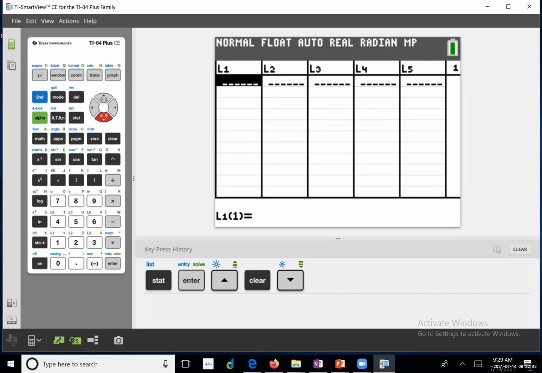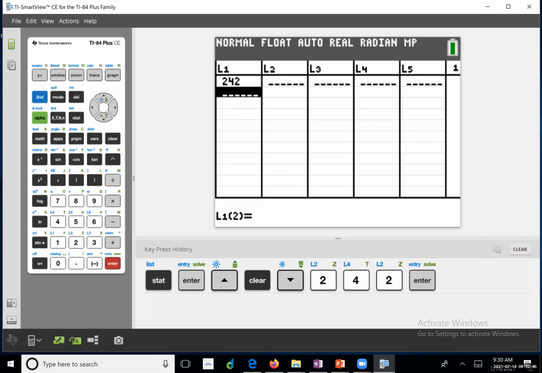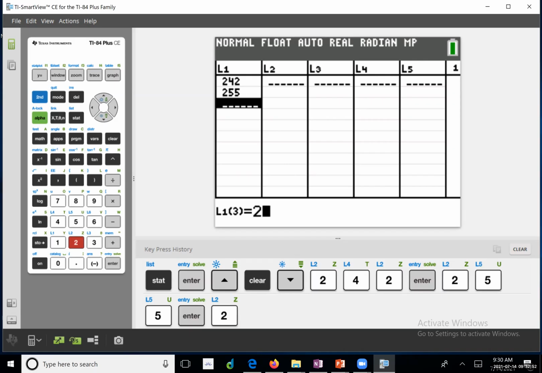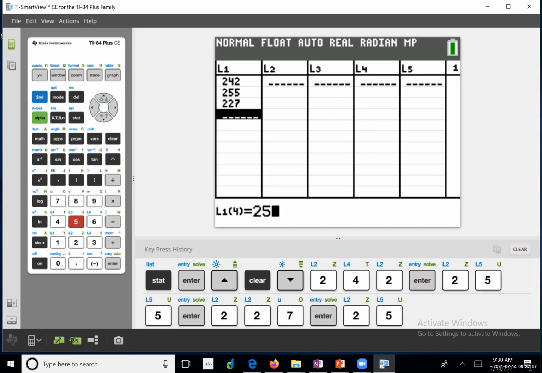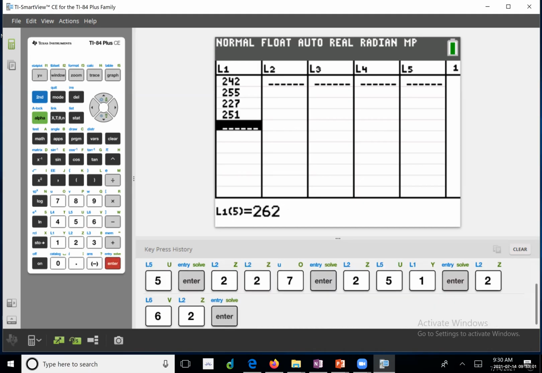So L1 is 242, 42, 255, 227, 251, 262, 207, 140.